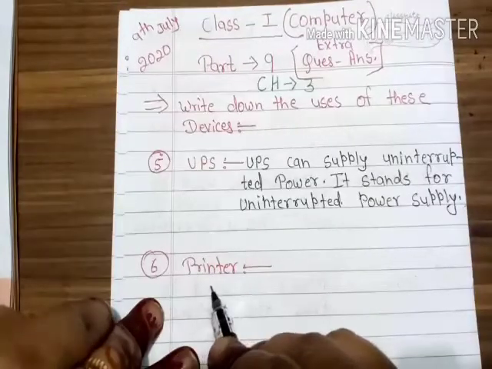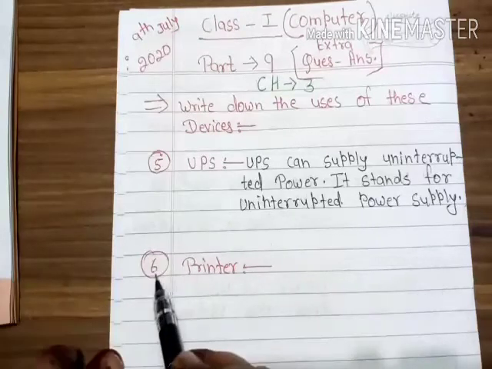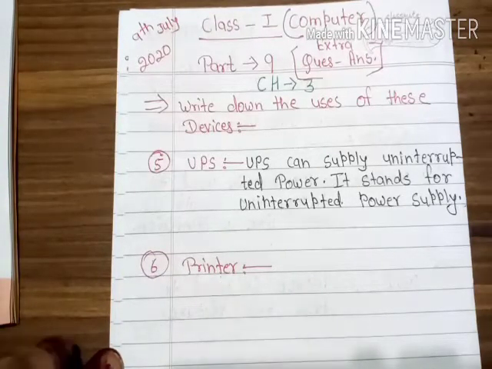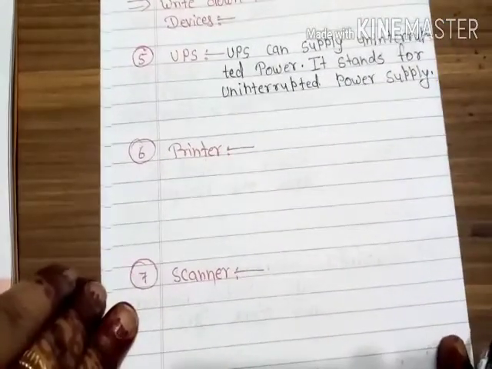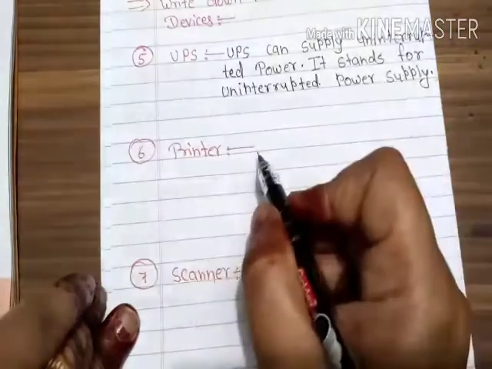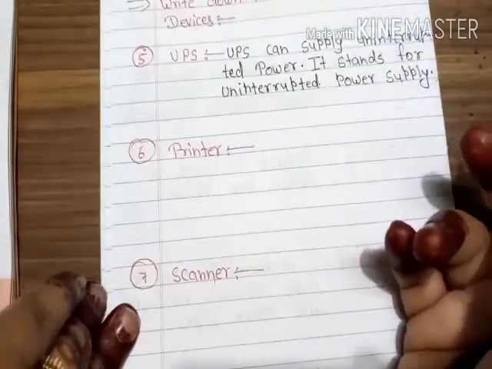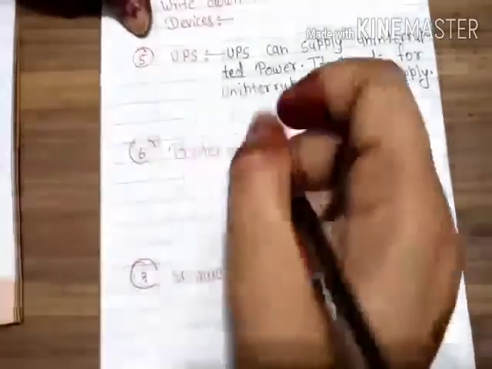Now we will move to number 6. It is about printer. Write number 6, and then write printer. Be careful about your spellings. Whatever spellings I am writing, you have to write the same in your copy.